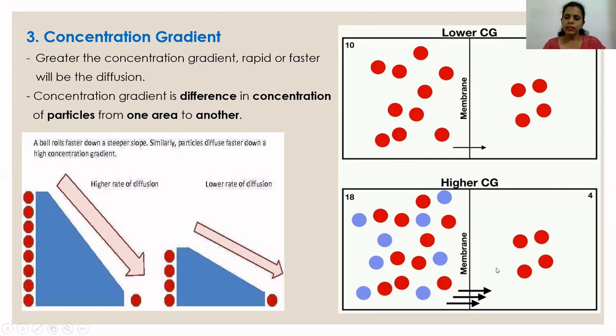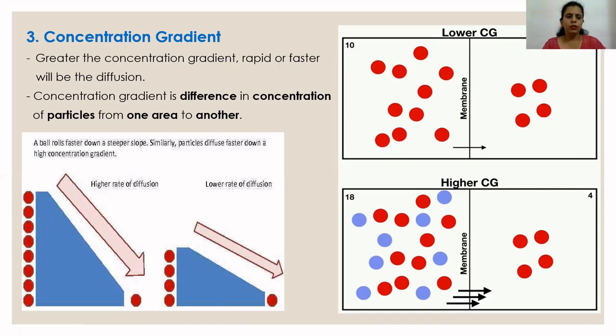So in second case, when the concentration gradient is higher, rate of diffusion is faster. And in first case, when the concentration gradient is less, rate of diffusion is also less. So remember, greater the concentration gradient, faster will be the diffusion.